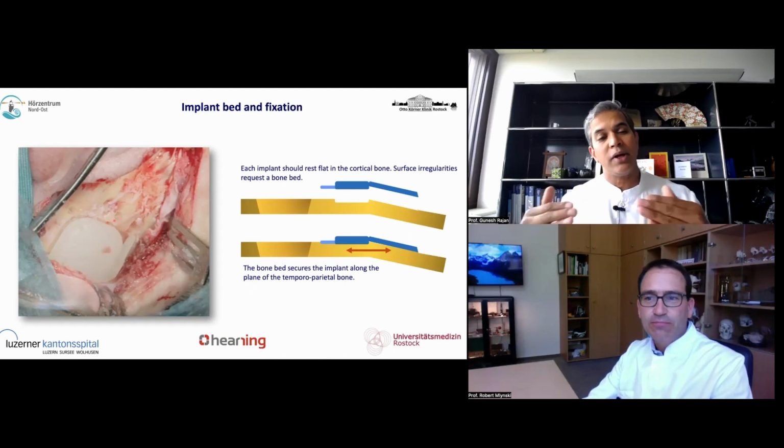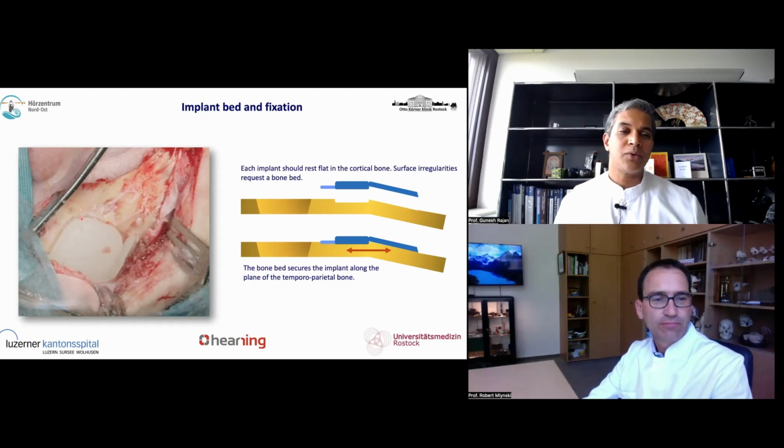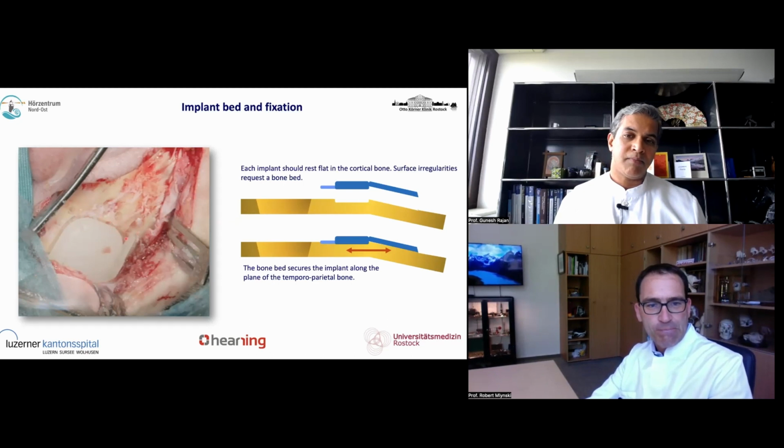And the anterior ridge, I think that's a crucial component, and in children I also try to do that, which sometimes means, obviously, that children have thin cortical bone.